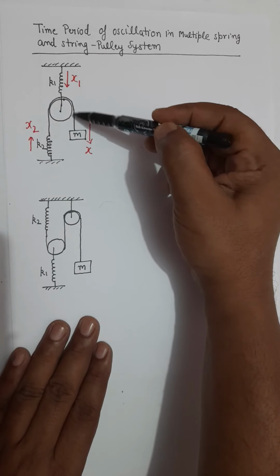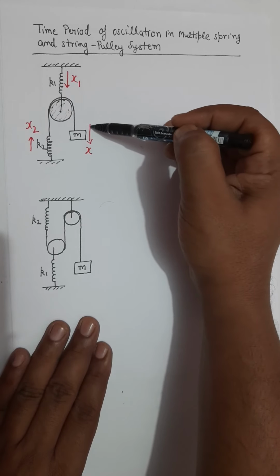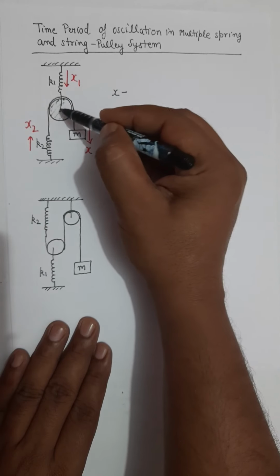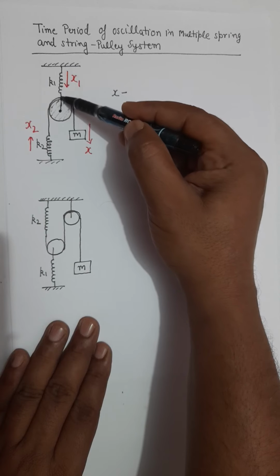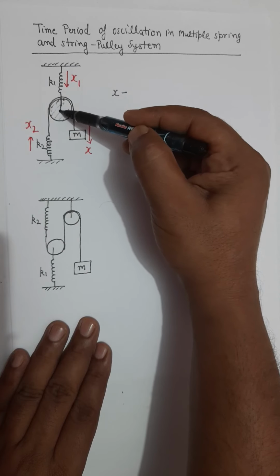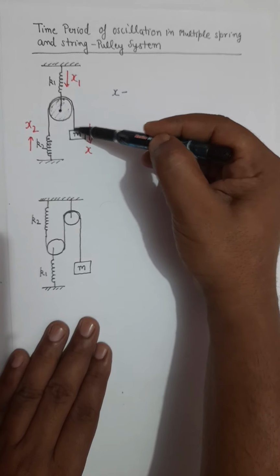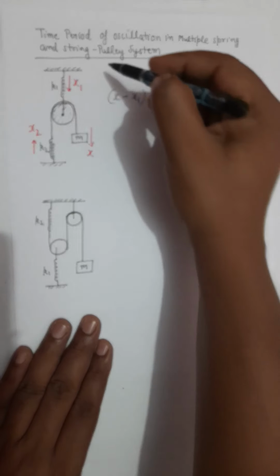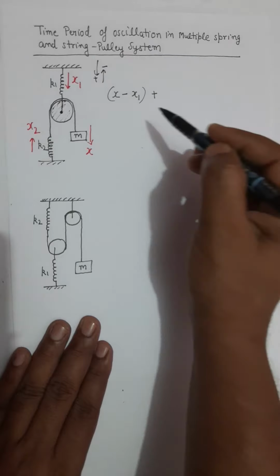On the right hand side of the pulley, the displacement x, relative to the center of the pulley, which is attached to the spring, so I can assume that its displacement will be x1. So relative to the pulley, the displacement on the right hand side will be x minus x1, assuming downward direction to be positive and upward direction negative.